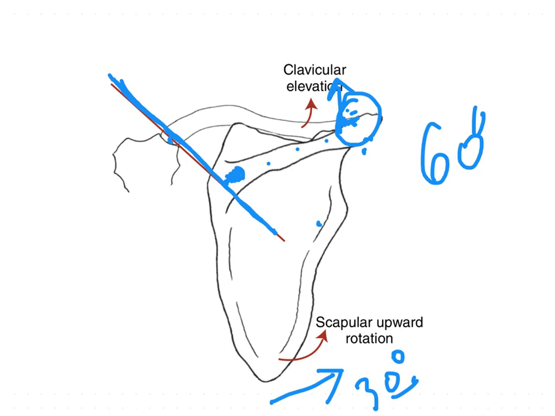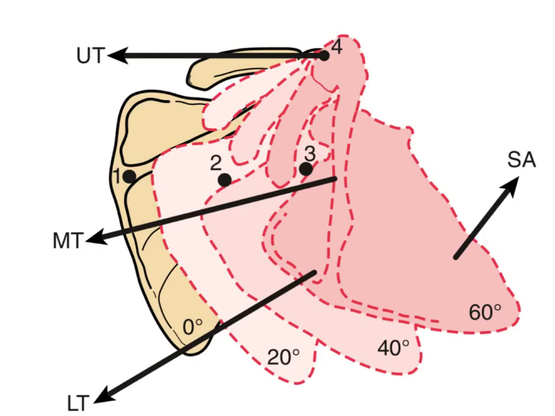This axis of rotation is going to shift laterally to complete the full range of scapular upward rotation. So we can see that in this picture. Here you can see the axis of rotation turning up to the lateral aspect.